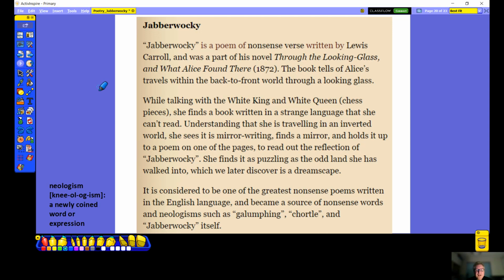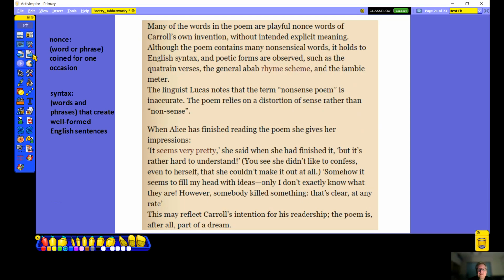And if it was, people will use it, someone was chortling, they chortled. So many of the words are playful, and they're just used for this occasion to create the sense of this distorted, dreamlike world.